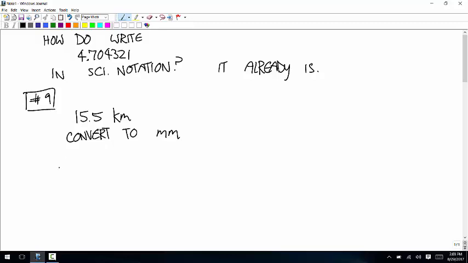Well, here's what we know. Kilo equals times 10 to the 3rd. And milli equals times 10 to the minus 3rd.